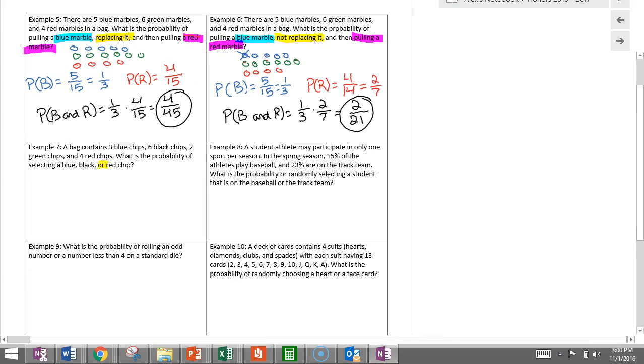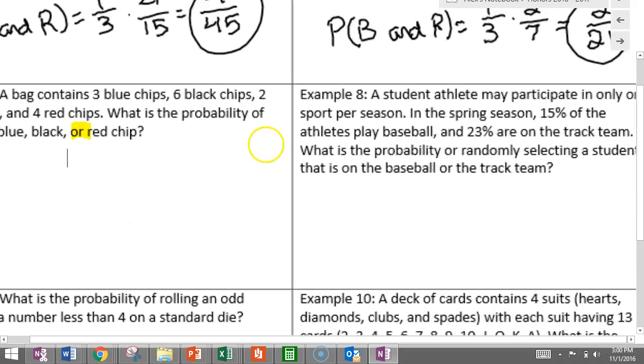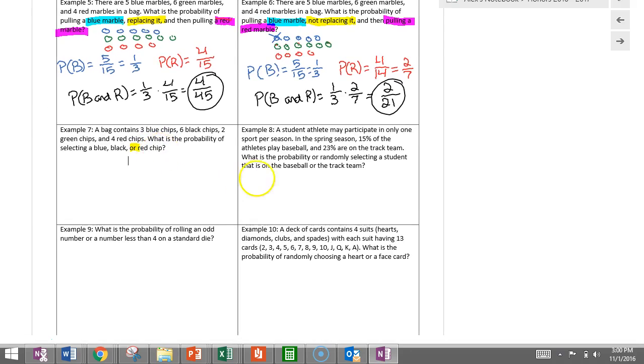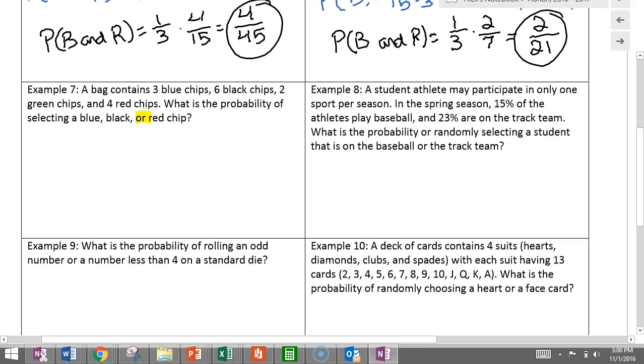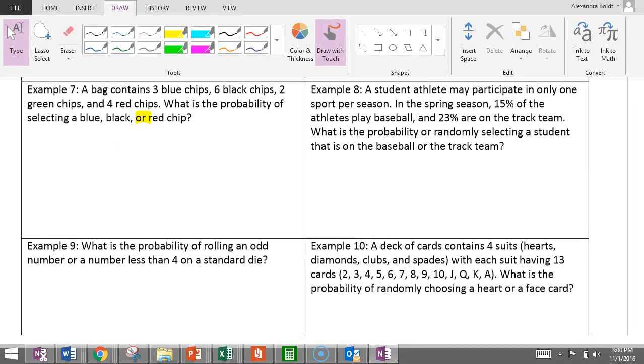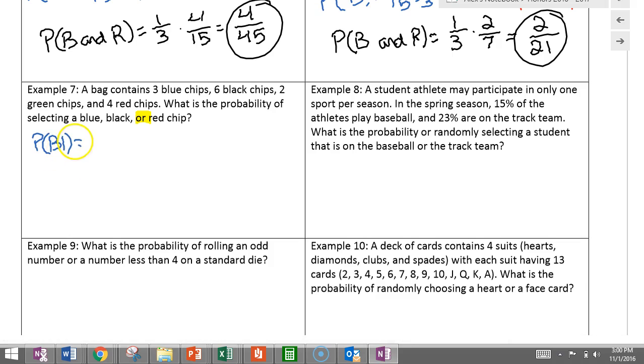So I'm simply adding all those together. So the probability of a blue chip, right?